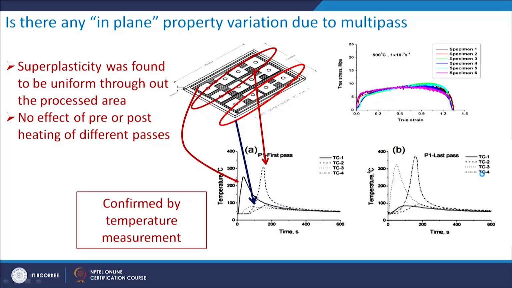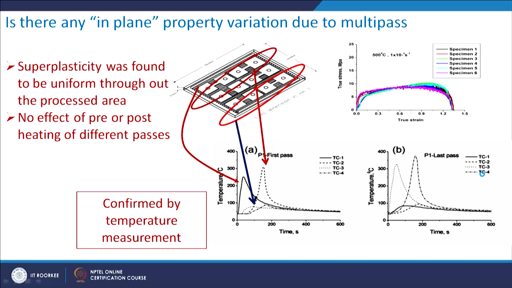Before going to that, we have discussed multipass, that I can use multipass FSP to get a bulk microstructure, or use it as bulk processing. In that, it will be interesting to understand what the effect of multiple processing will be on the material which is already processed.